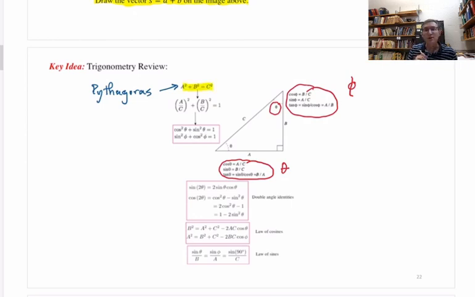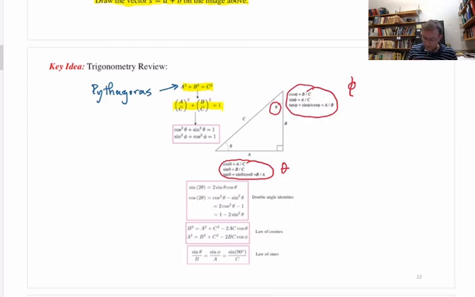In this case, a squared plus b squared equals c squared. We all know that. What if we take the Pythagorean theorem result and just divide both sides of the equation by the length c squared? As long as you do the same thing to both sides of an equality, you maintain an equality. So if I do that, I get this expression right here. A over c quantity squared plus b over c quantity squared equals 1.